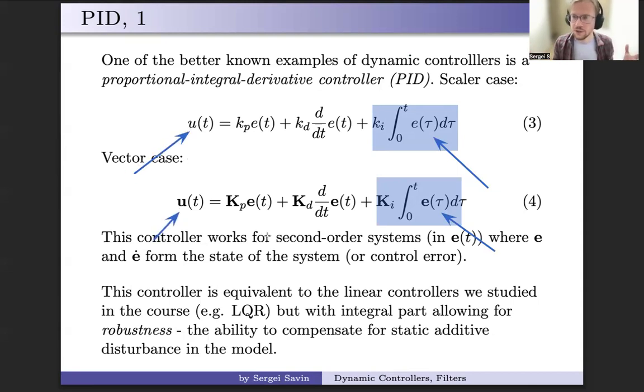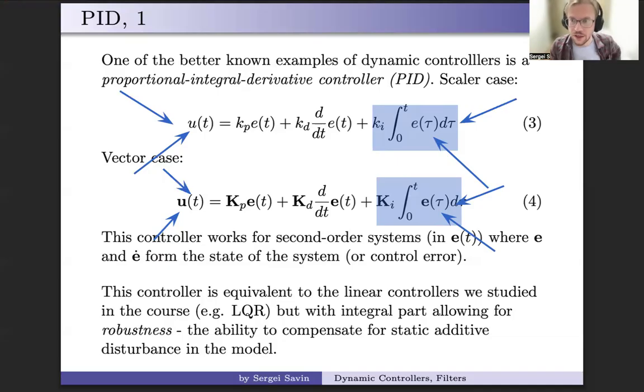So your output will keep changing. Somehow your output does not just relate to your input statically, like it's not just the input that is transformed linearly to get an output. It depends on how long you have been running with the static error. The longer you run, the bigger your output will be. So if you're stuck here, your output will keep increasing until at some time you start to compensate and go towards a position where your error is zero.